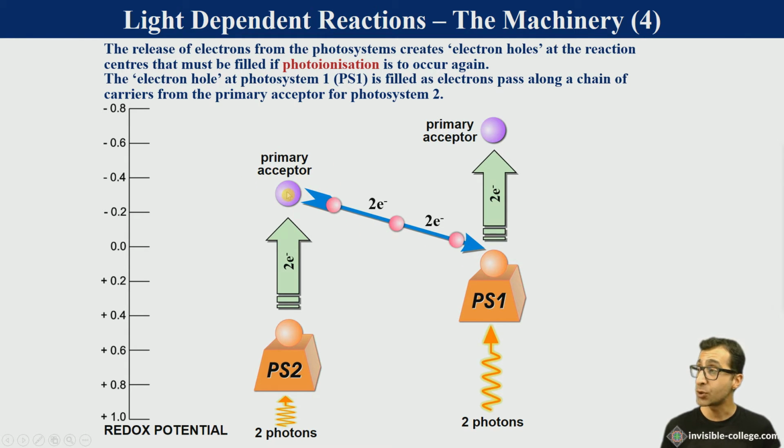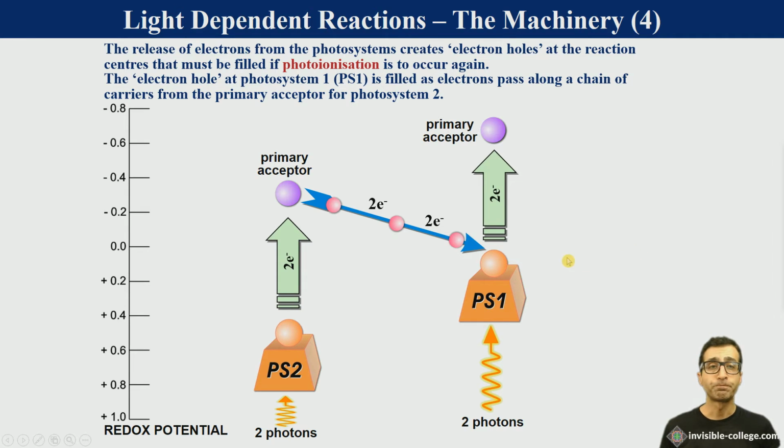And so these 2 electrons, which were promoted to the primary acceptor by the photoionization of the reaction center in photosystem 2, ultimately get funneled down the electron transport chain by these carrier molecules from the primary acceptor back to the reaction center of photosystem 1, and this fills the so-called electron hole left by the promotion of these 2 electrons by the photoionization of this reaction center here.